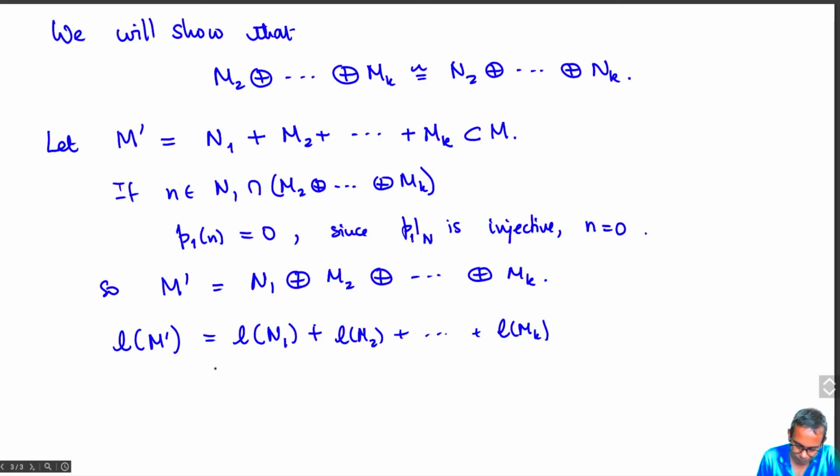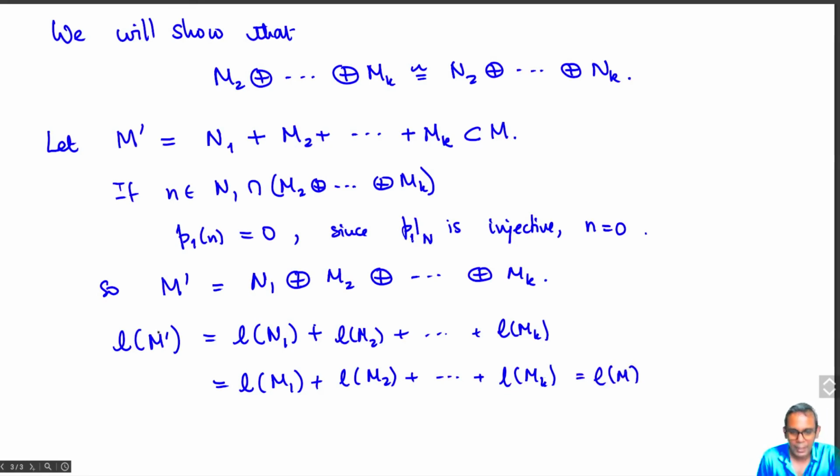And this is equal to, well, N1 is isomorphic to M1, so the length of N1 is equal to the length of M1 plus length of M2 plus ... plus length of Mk, but that is equal to the length of M. So since M prime is a submodule of M with the same length as M, M prime must be equal to M.